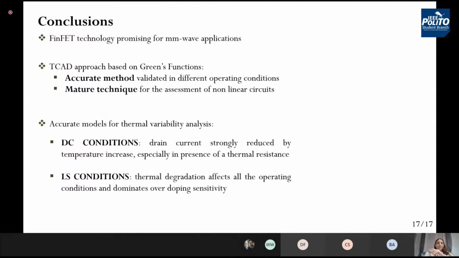And finally, we have validated this approach in two conditions. In these two conditions, we have seen that the drain current was strongly reduced by the temperature increase, especially with the thermal resistance, while in large signal simulations, the thermal effect affects all the operating conditions and always dominates over the doping sensitivity.